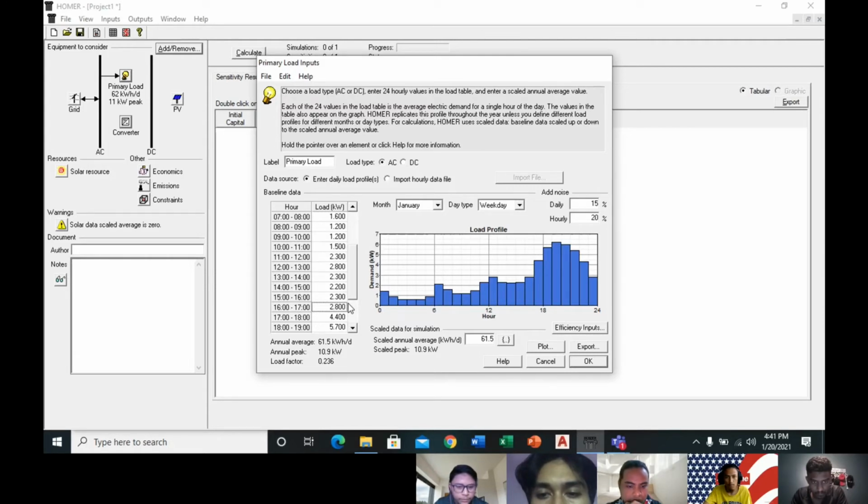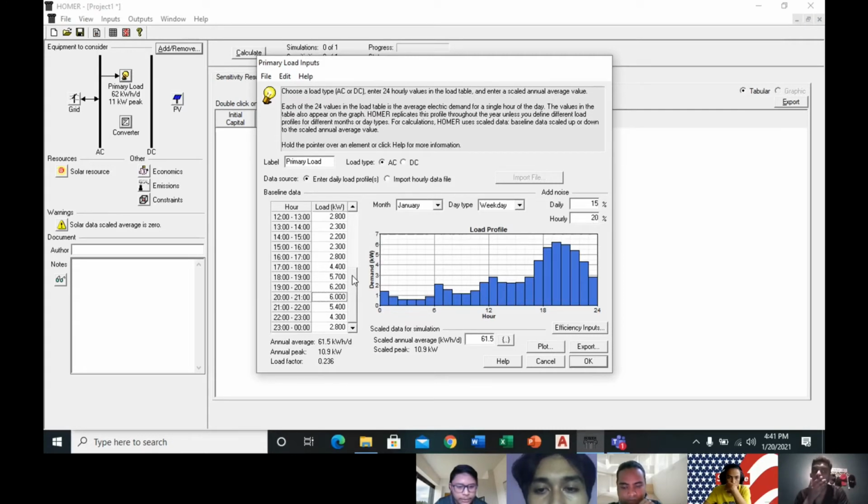And from 5 p.m. to 6 p.m. it increases a lot, from 2.8 to 4.4 kilowatts per hour. From 6 p.m. until 7 p.m. it also increases to 5.7 kilowatts per hour. Then at 7 o'clock it increases to 6.2 kilowatts per hour. At 8 o'clock it decreases a little bit to 6 kilowatts per hour.